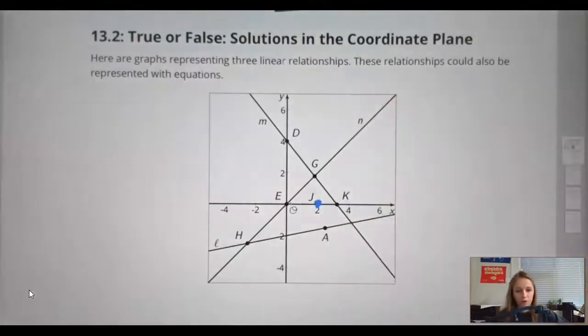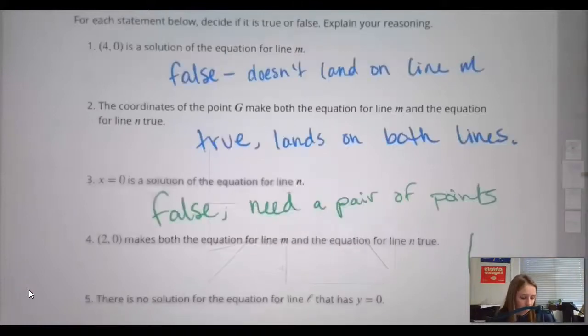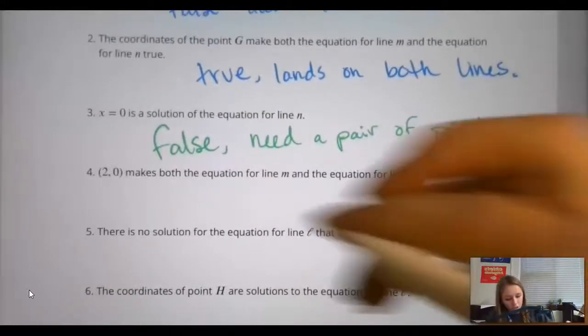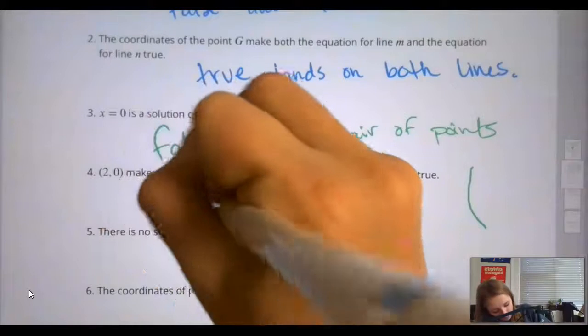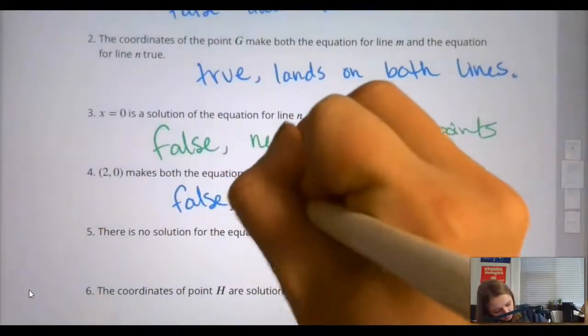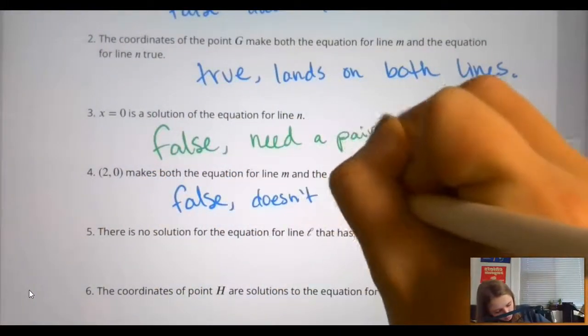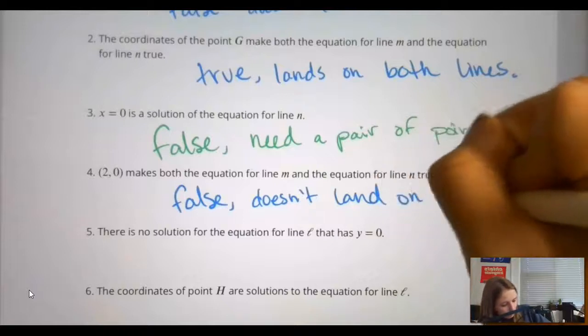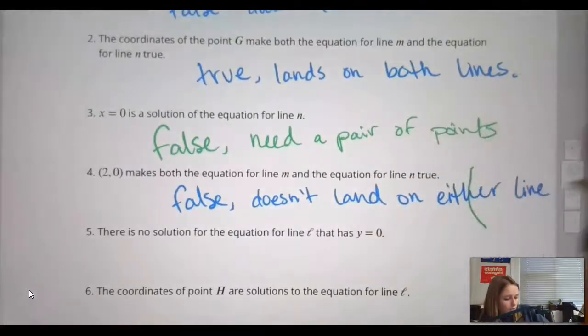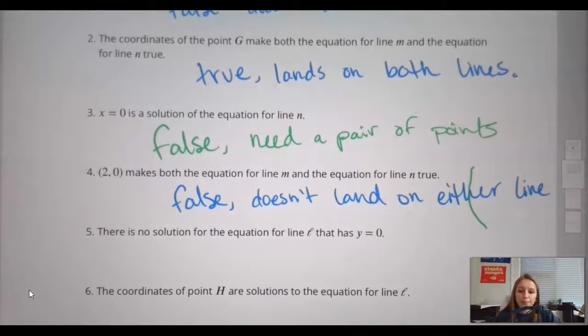This would be my point there. Now, does that go through any line? No. So it doesn't go through any line. So we know it can't be true for this because it doesn't go through any line, and our statement says it goes through 2. So false. Because it doesn't go through either line there.